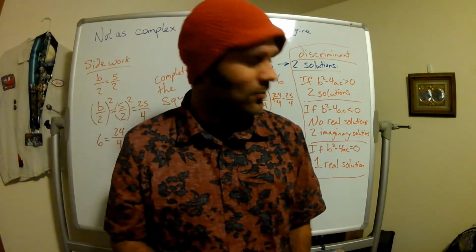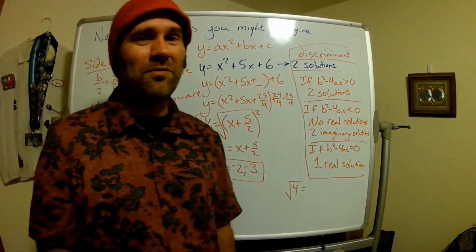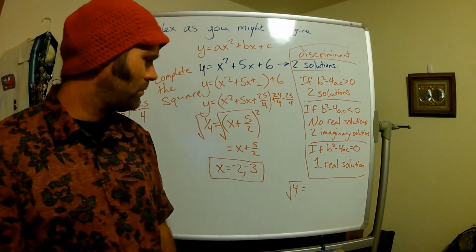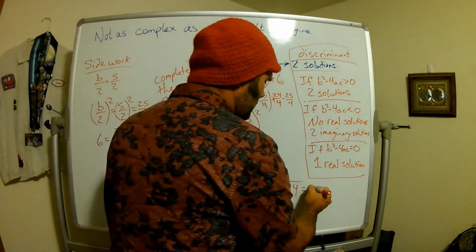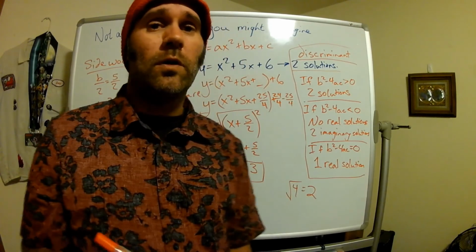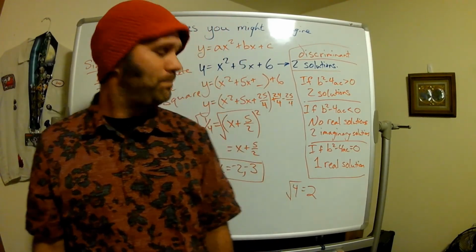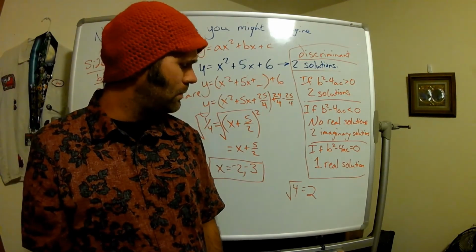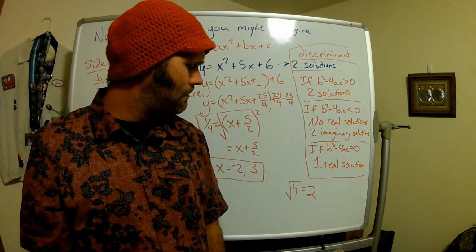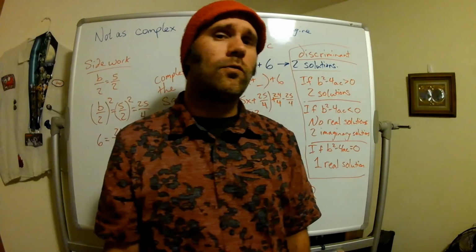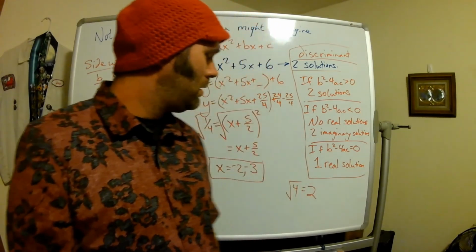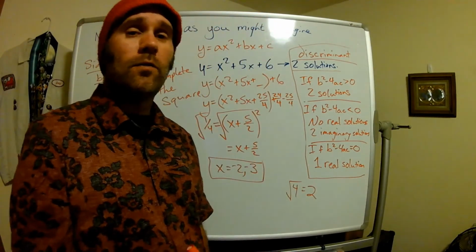We all know the answer. What number times itself equals 4? You said 2, you're absolutely right. But it's not the only number. What other number multiplied by itself equals 4? -2 times -2.